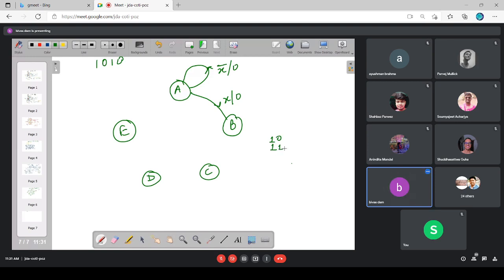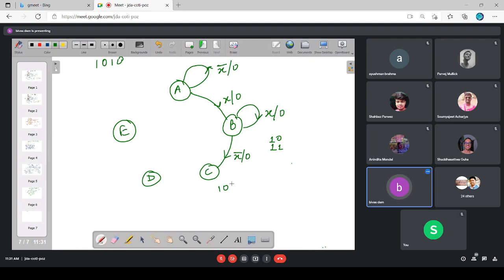If a 0 comes, what will be the inference? C. If a 1 comes, B. You're in state C. So what is the input pattern available? 1 0.